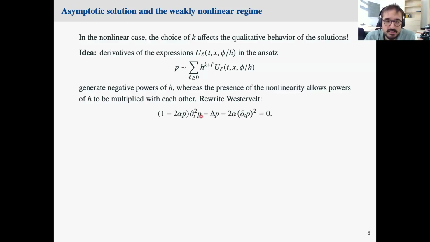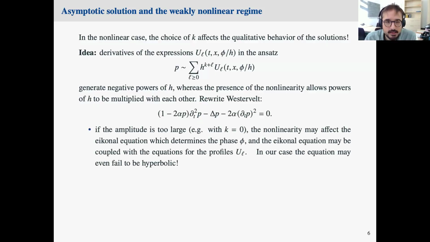So if you rewrite the Westervelt equation, bringing the highest order derivative to the left, then you can observe that if your amplitude is too large, so when k is equal to 0, for example, then the nonlinearity actually might affect the eikonal equation that determines the phase.